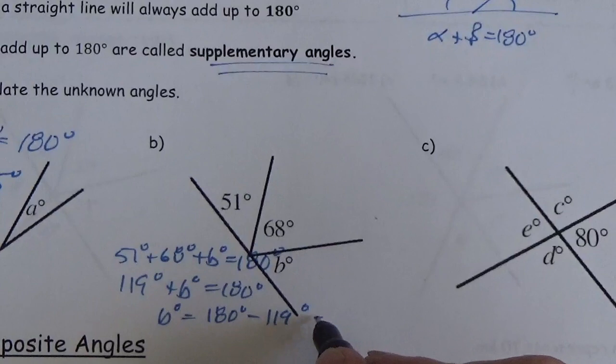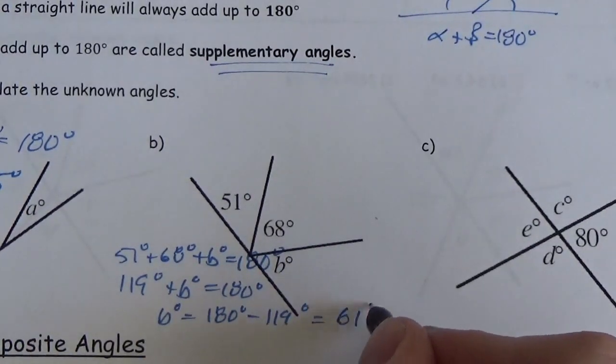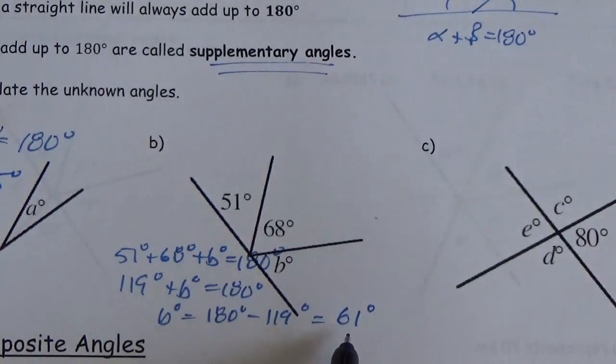So what does that equal? Okay, let's just think about that for a second here, and I think you'll see that that's going to be 61 degrees. Okay, I can verify that by simply adding. 1 and 9 is going to give us 10, carry the 1, and 6 and 2 will be 8, yeah, so 180 degrees. So there we go. That angle there has got to be 61 degrees.